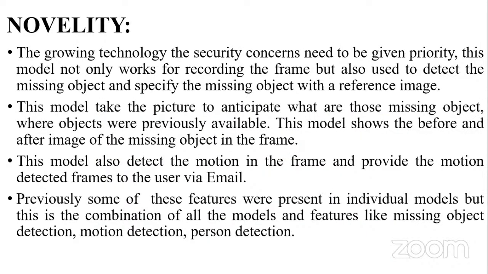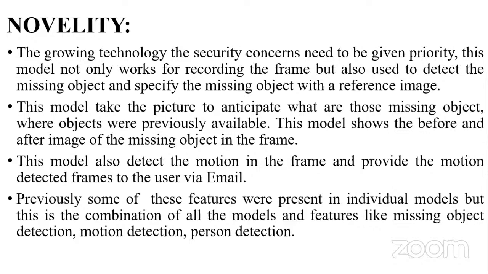Coming to our novelty part, nowadays with growing technologies and security concerns, we need this type of model. It will record frame by frame, detect the missing object, and send the missing object image to the user.